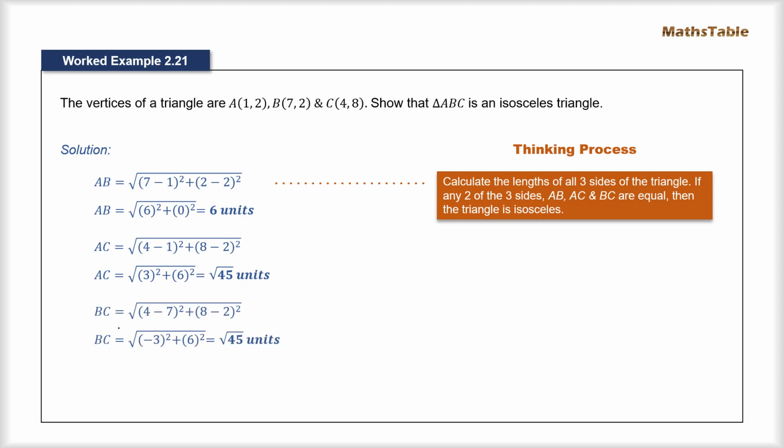And finally, we'll find the length of BC, which also comes out to be under root 45. So out of these three lengths, AC and BC are found out to be equal. Therefore, as two of these three lengths are equal, this triangle ABC is an isosceles triangle.